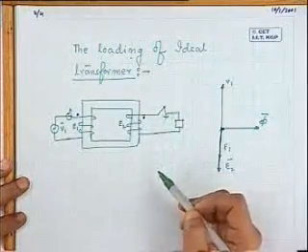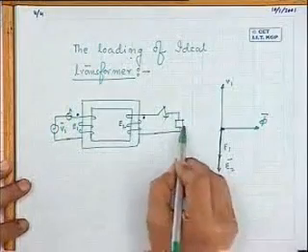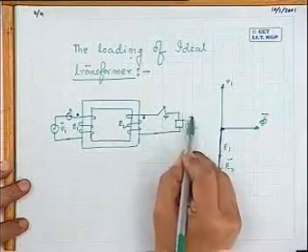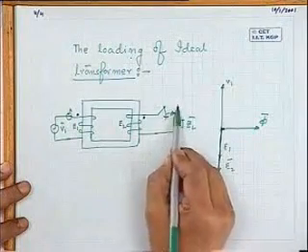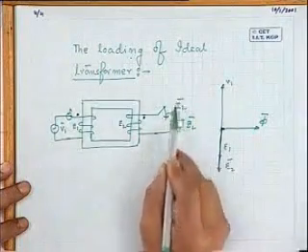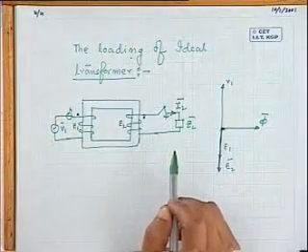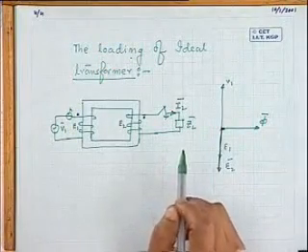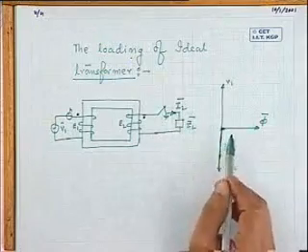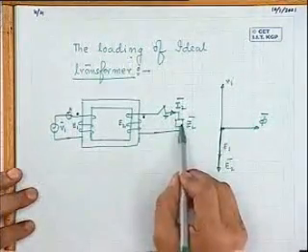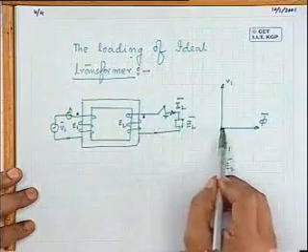Now let us imagine this switch is closed. That is, I want to draw power from the secondary of the transformer. This impedance, I have connected some Z2 bar. So some current will flow. Let us call it I2 bar on the secondary side. Where will the phasor I2 bar be?